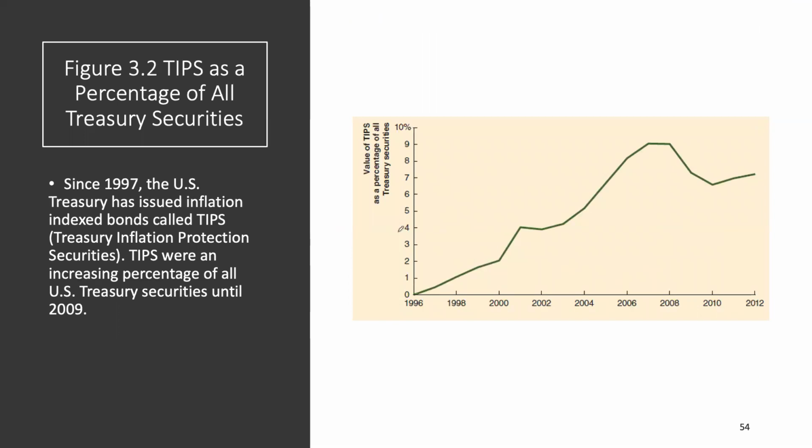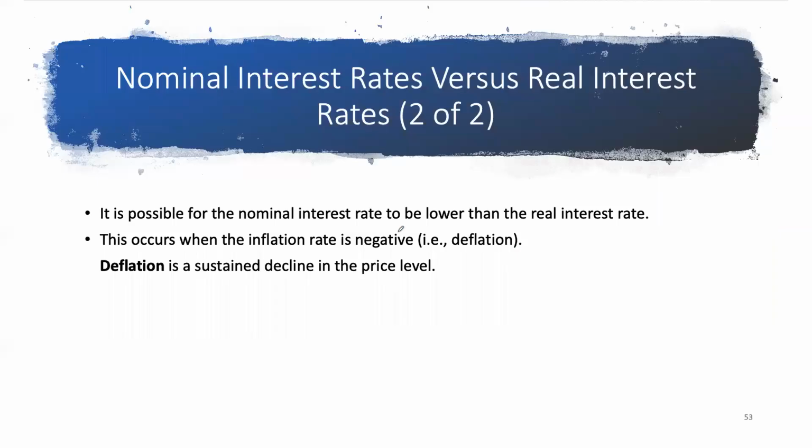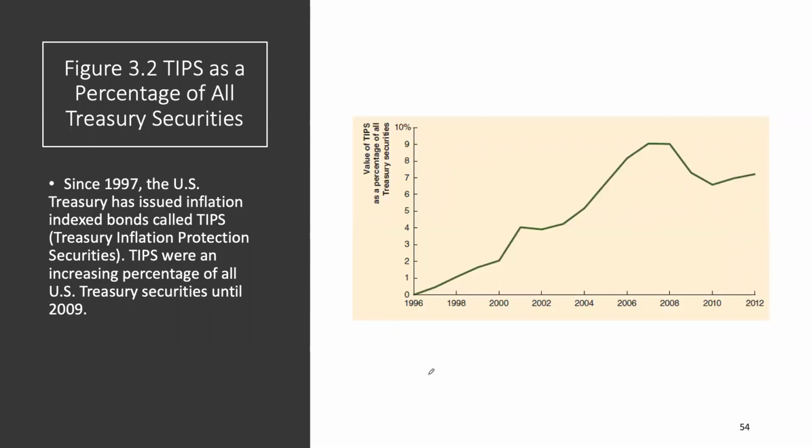This is again from FRED. Now that you understand that inflation might affect what kind of returns you would get from your assets, there is a certain class of treasury bond which was introduced for the first time in 1996, I think, or 1997, what is known as TIPS.